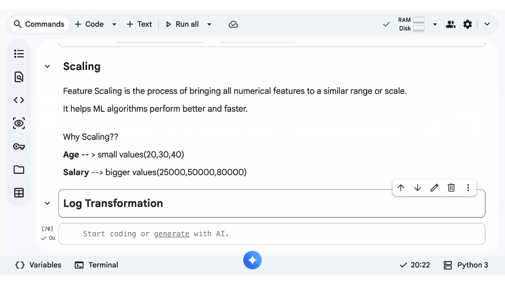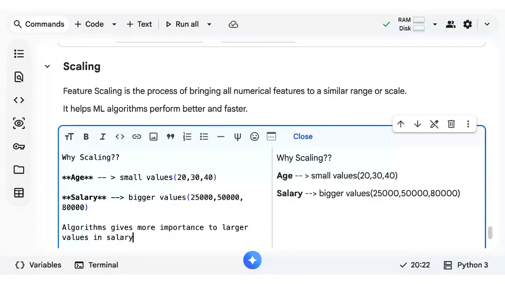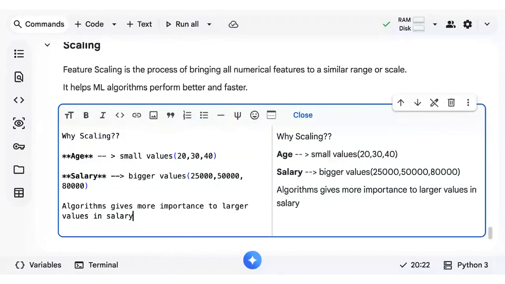The algorithm gives more importance to larger values in salary. Again, it creates a bias. It's more interested in salary, it learns more about salary than about age. So to overcome this, we use the scaling approach.